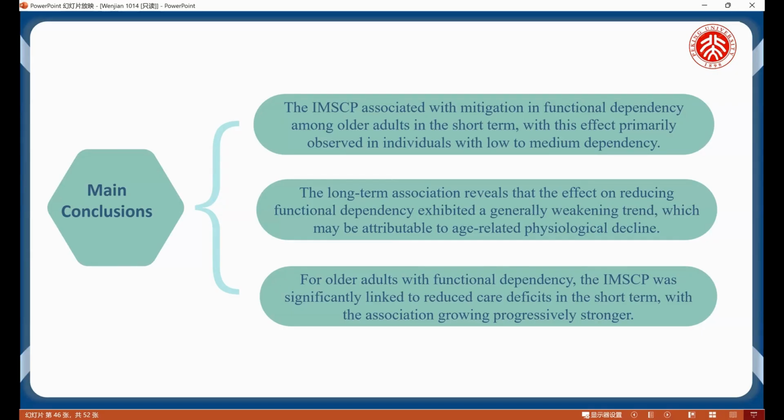The long-term association reveals that the effect of reducing functional dependency exhibited a general weakening trend, which may be attributable to age-related physiological decline. For older adults with functional dependency, the IMSCP was significantly likely to reduce the care deficits in the short term, with the association growing progressively stronger.